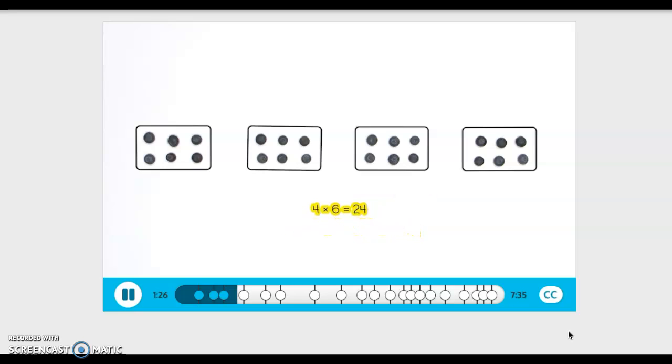Let's use this multiplication equation to draw an array. Create an array that shows 4 rows with 6 blueberries in each row.